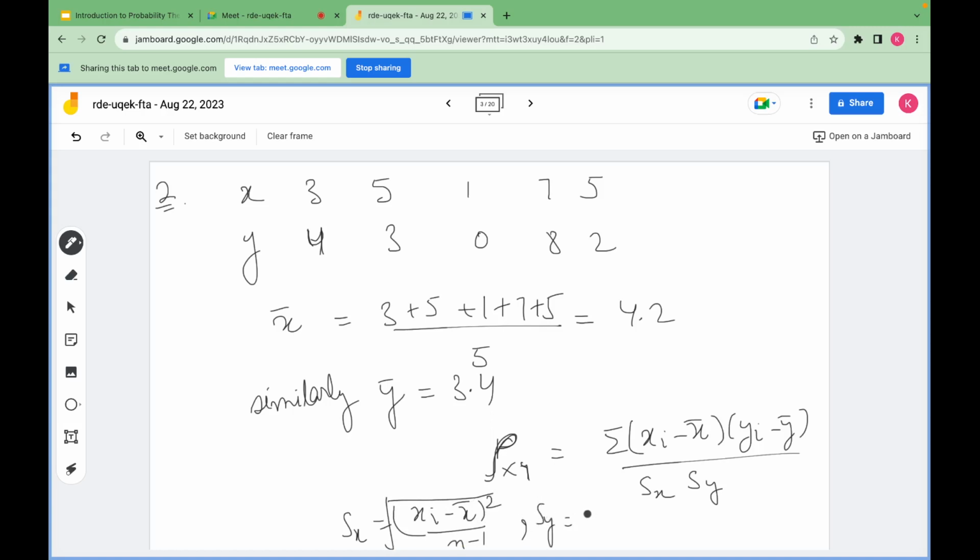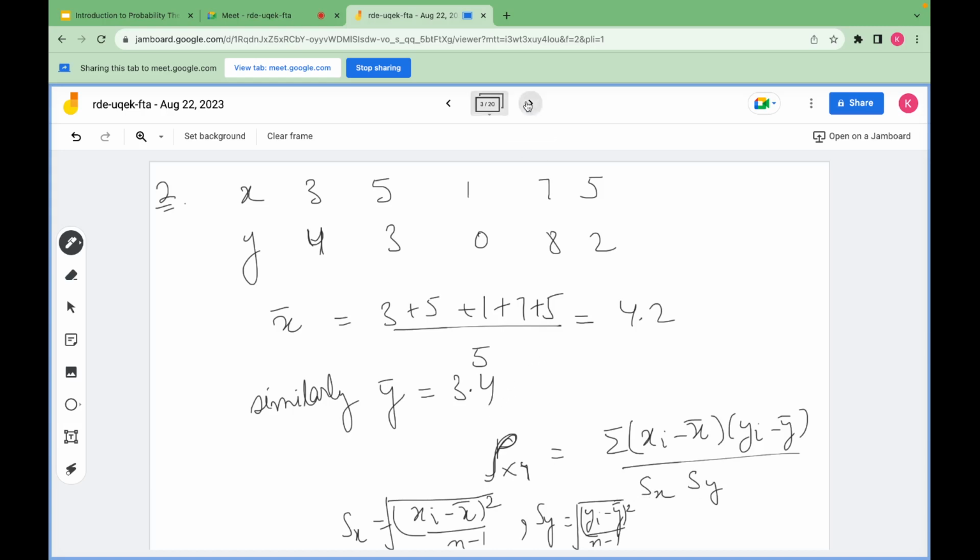Sy is the same for yi minus y bar, divided by n minus 1. Basically these are the standard deviation of x and the standard deviation of y.